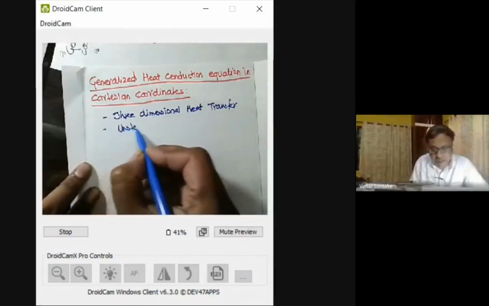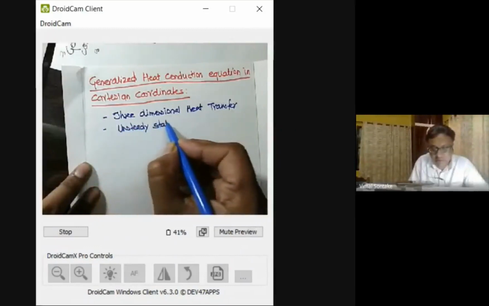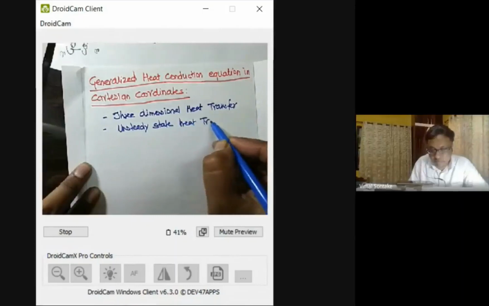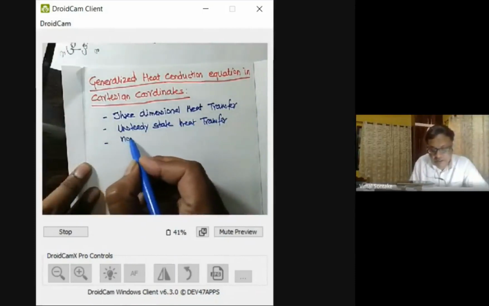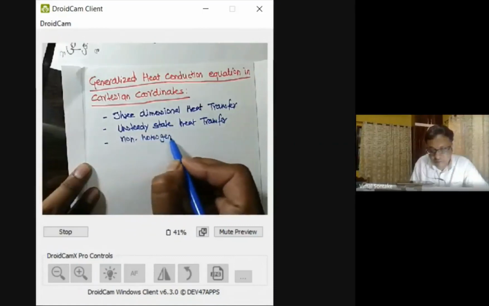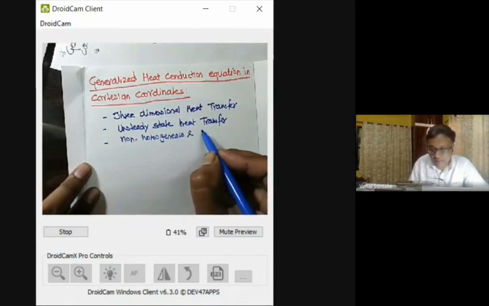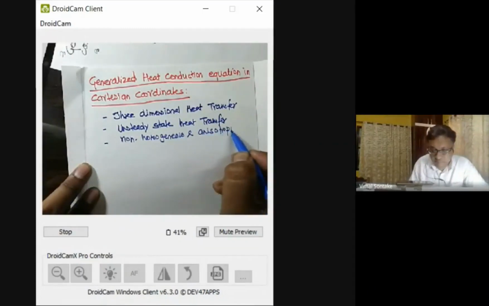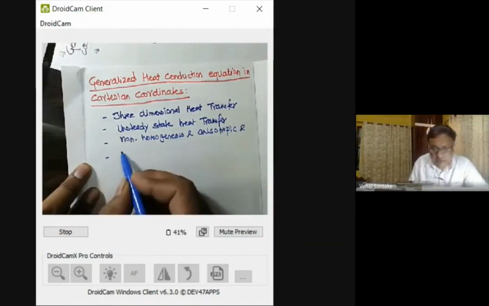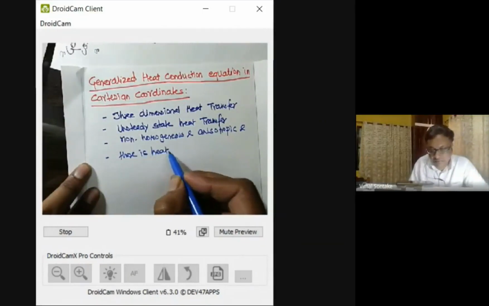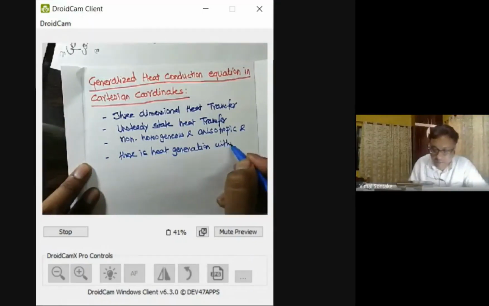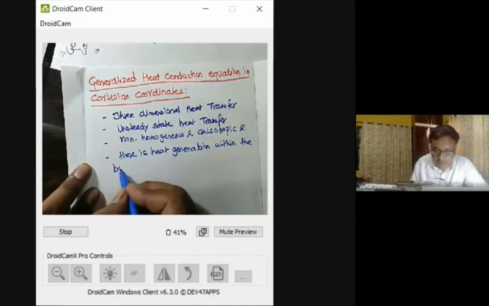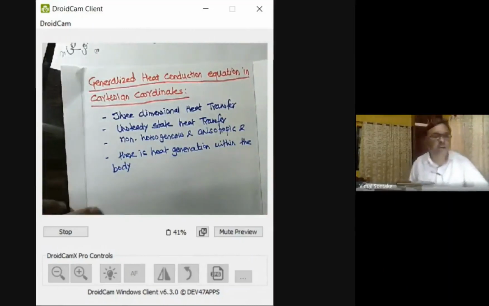Then unsteady state heat transfer, and if material is non-homogeneous and anisotropic, and finally there is heat generation within the body through which heat transfer is taken place by conduction.